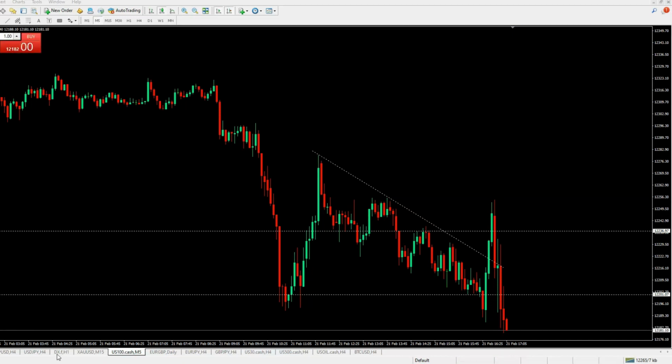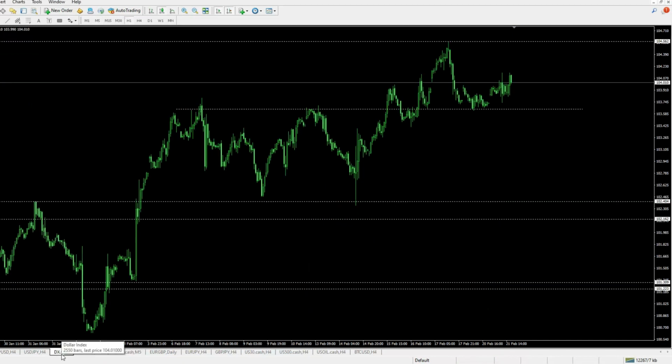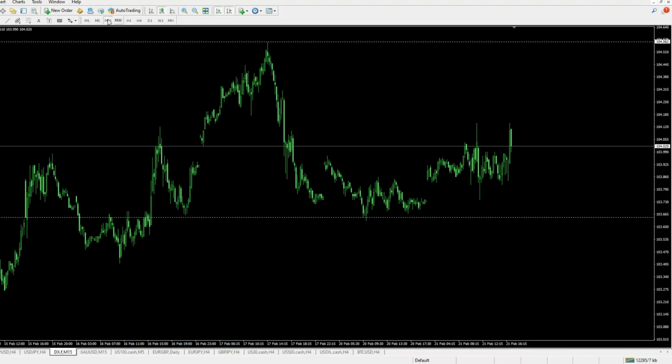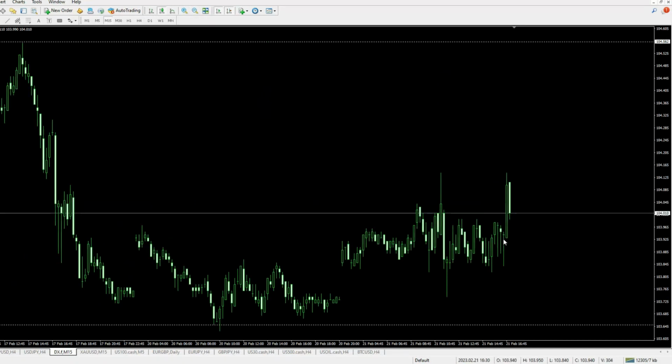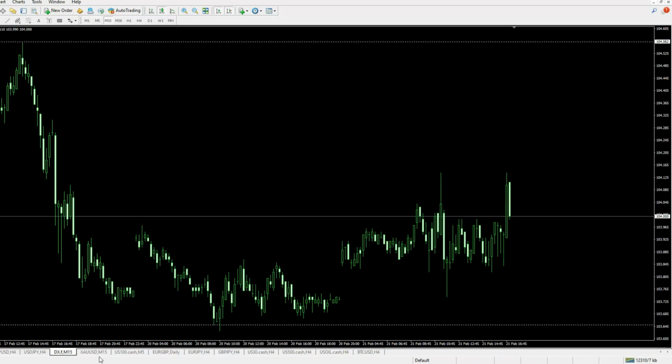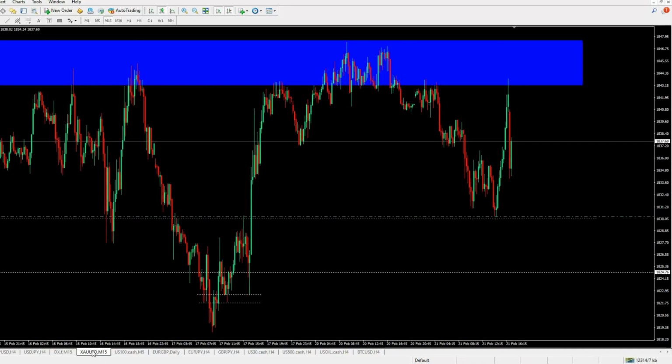Let's have a look and see. Yeah, dollar went up slightly. This is the dollar index. Go to the 5 minutes. There's the reaction candle on the dollar index with the news announcement. Let's just check gold.